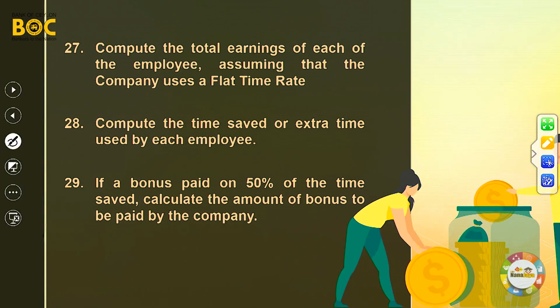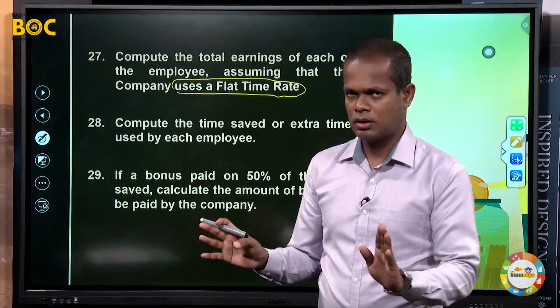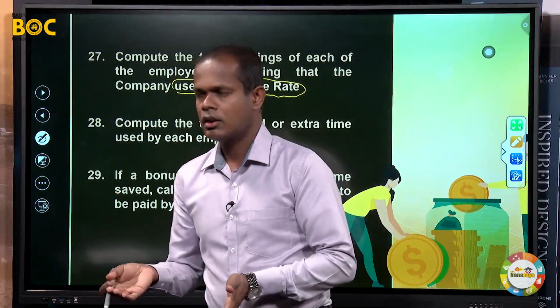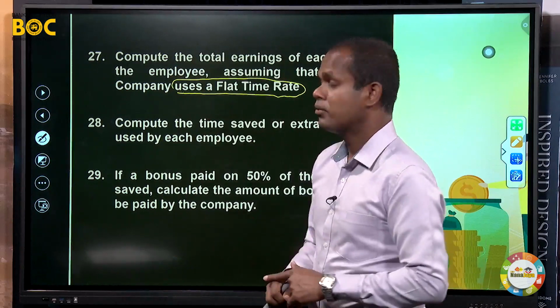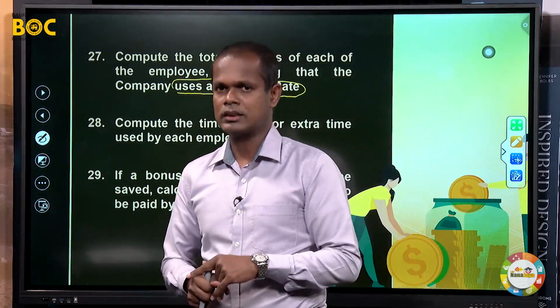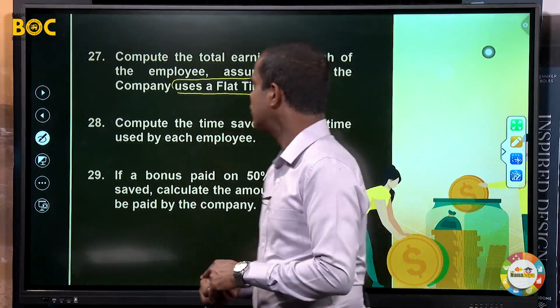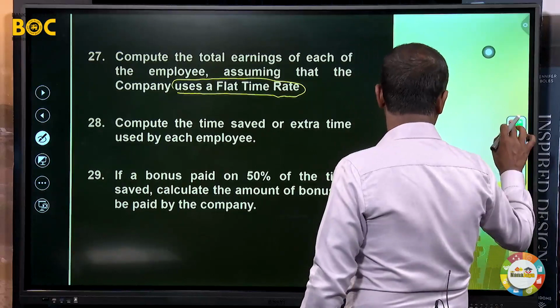So question number 27. Compute the total earnings of each employee, assuming that the company uses a flat time rate. In a flat time rate, you don't consider time saving. You make the payment for the hours worked.